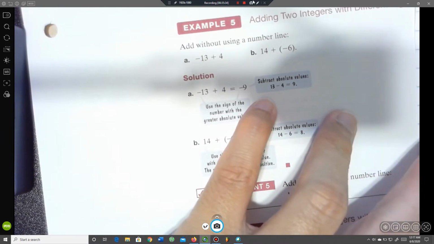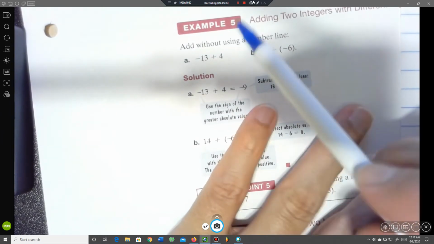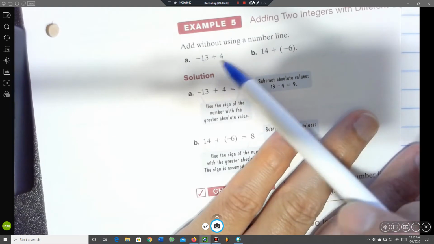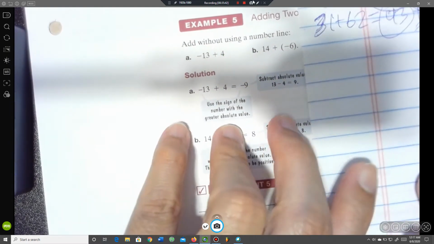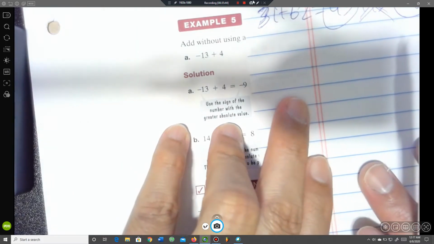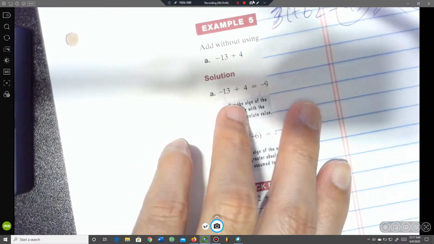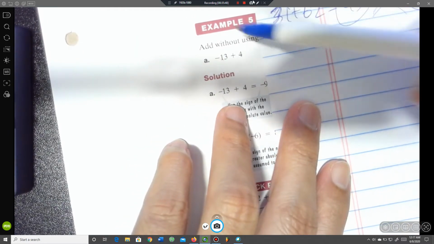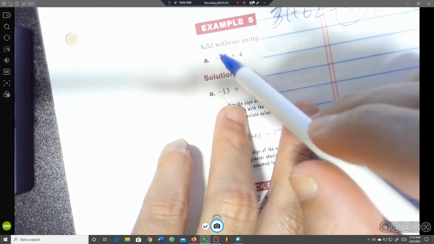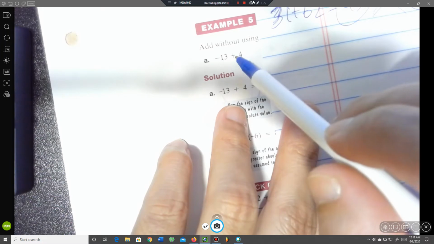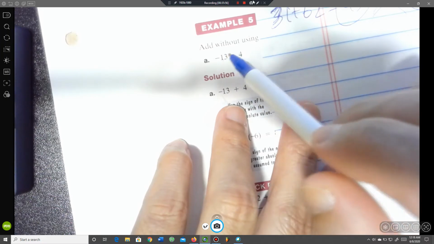All right. So let's go ahead and work with example 5. Add with the number line. Again, if you want to add not by hand, but in your head, add the tens. We're going to have tens here.